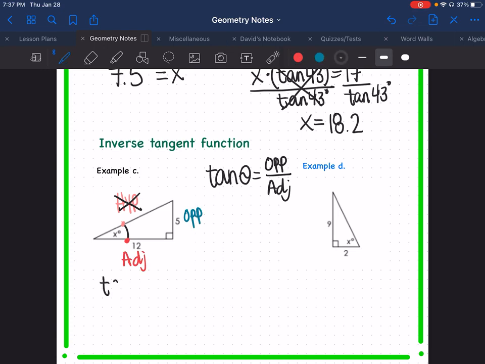I'm going to put my x, my 12, and my 5 into this function. Tangent of x degrees equals opposite 5 divided by adjacent 12. Whenever I see x right next to the trig function, sine, cosine, or tangent, I'm going to go straight to my calculator and use the inverse function, and simply put in the fraction that I created on the other side.